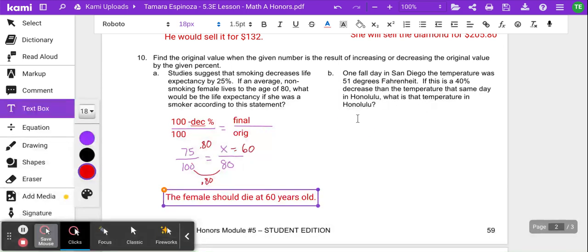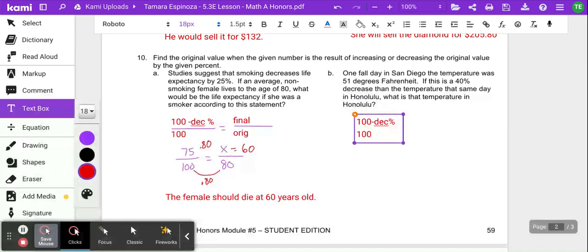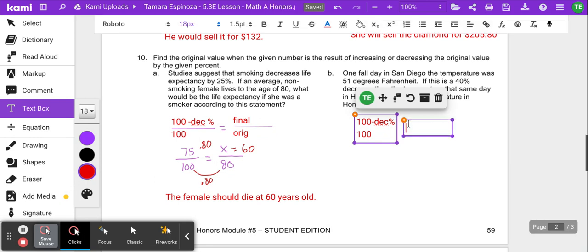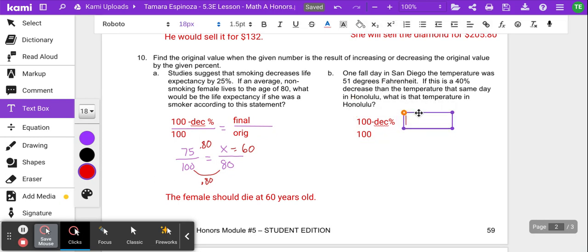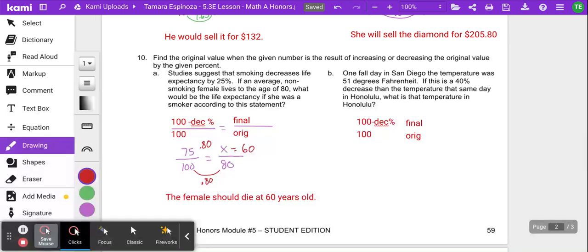All right, so 100 minus the decreased percent over 100 equals the final over the original. So what happens on this problem is people put the wrong city in the wrong place. So I have to think a little bit.